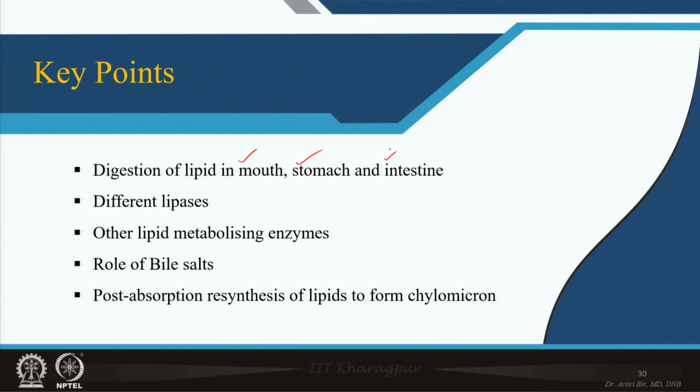Then the role of bile acid, how those bile salts are emulsifying the lipids and helping in their absorption, and finally post absorption resynthesis of lipids which finally gives rise to chylomicron, the transport form of dietary lipid in our circulation.